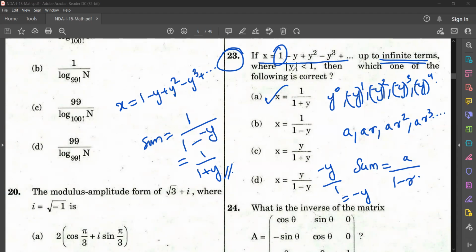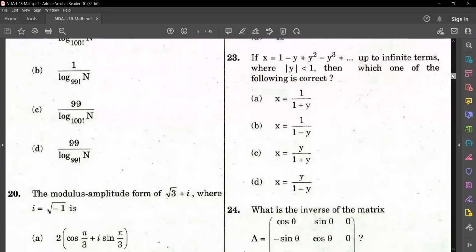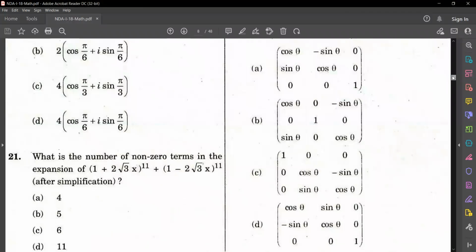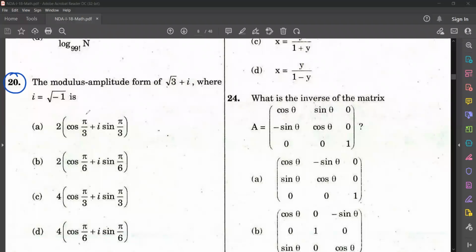So moving to the next question. Question number 20. The modulus amplitude form of root 3 plus i, where i is equal to root of minus 1.